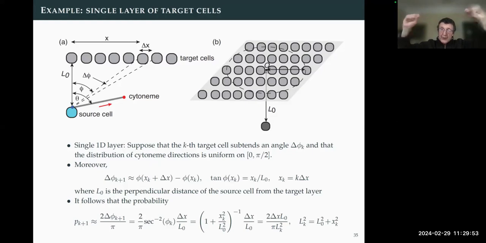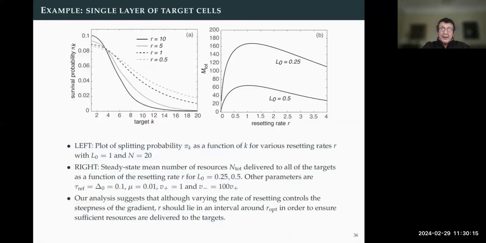All one needs to do, besides specifying the stochastic resetting dynamics of the cytoneme, are the probabilities that the cytoneme grows in the correct direction for the kth target. That's a geometrical calculation, depending on the structure, the distribution of the targets. So you can do that using basic trig in the case of a one-dimensional array. So that's then plugged into your theory. And given that, you can now determine the concentration gradient, the morphogen gradient.